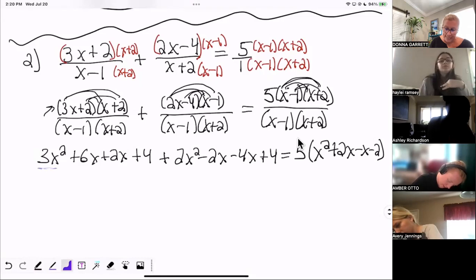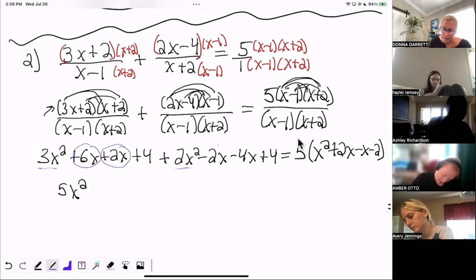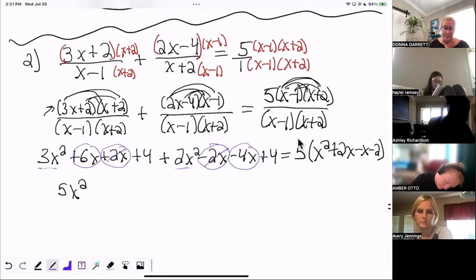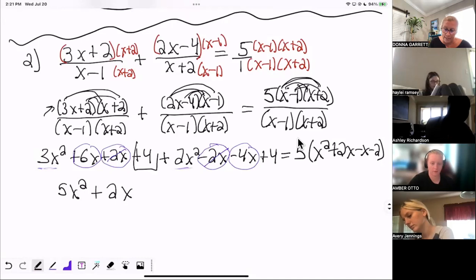You can either do it in sections or do it together. I'm going to try to do it together. So I have 5x squared. I have 6x, 2x, negative 2x, and negative 4x. So 2x and negative 2x will cancel. I have 6 minus 4x, which is 2x. And then I have positive 4 and positive 4, which is plus 8.